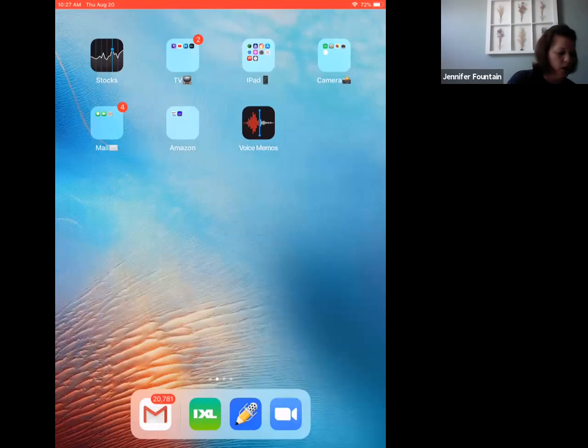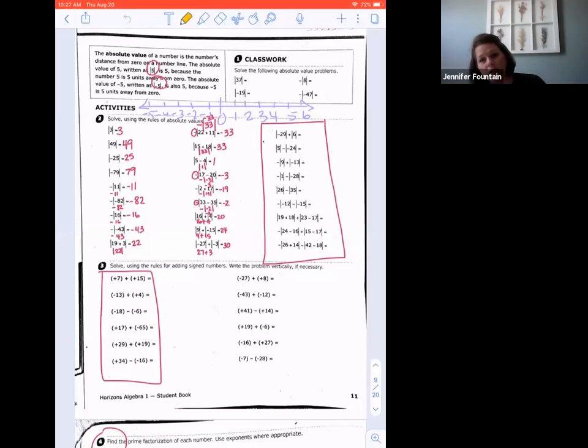There we go. All right, and then in activities 3, we had the left-hand column.